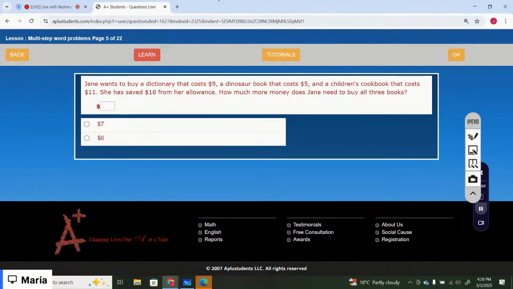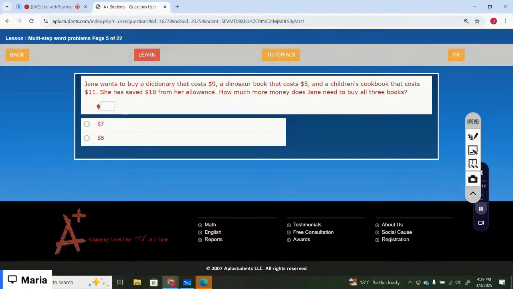Jane wants to buy a dictionary that costs $9, a dinosaur book that costs $5, and a children's cookbook that costs $11. She has saved $18 from her allowance.